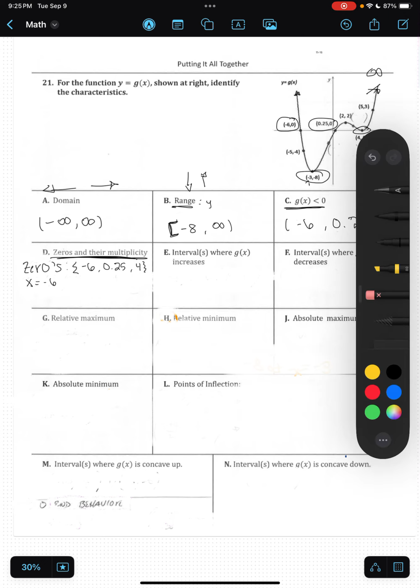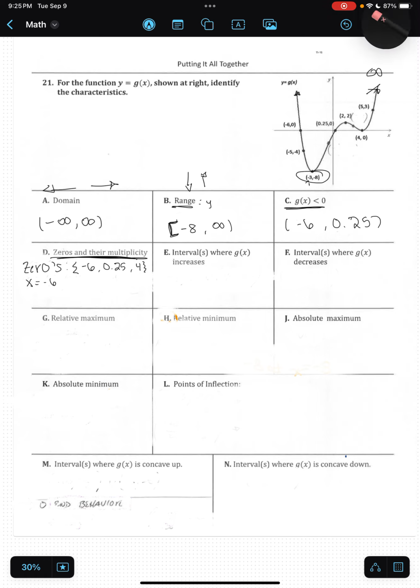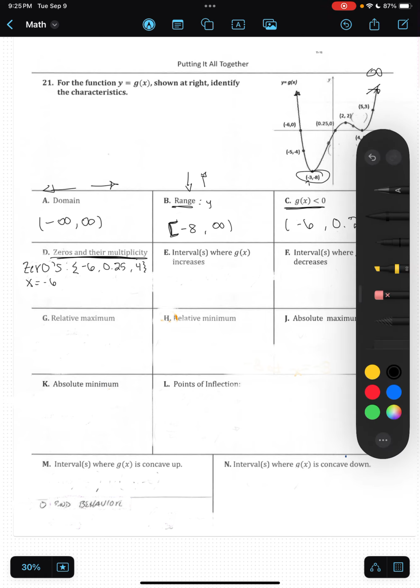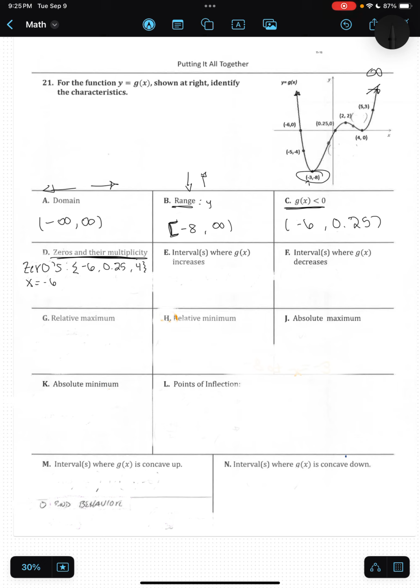Okay? And now, as for their multiplicity, at x equals -6, our graph is going straight down. So it's only crossing that area without anything stopping it. So its multiplicity is 1. Why? Because it's only crossing once. It's not bouncing.